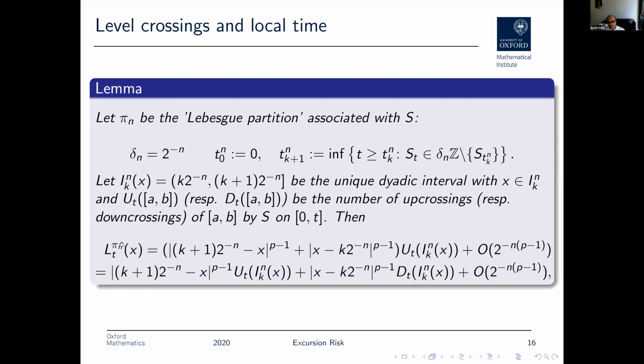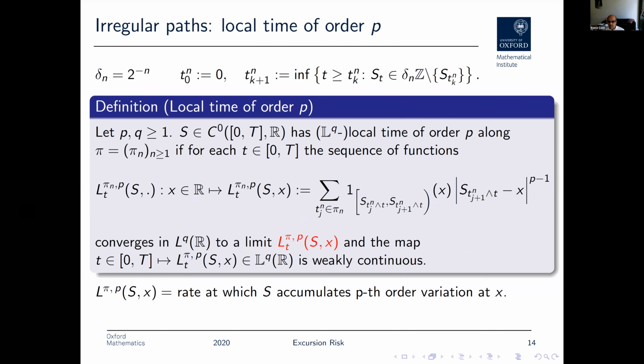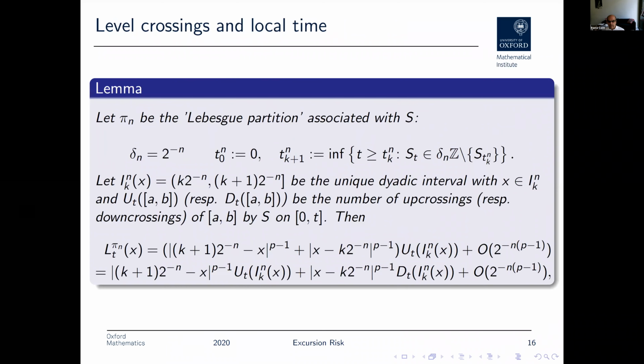Then the statement is that this discrete local time L pi n t that we defined has a relation with these up crossings and down crossings. L_t is some expression involving the level x times the number of up crossings, plus some other expression involving x times the down crossings, plus a correction which will go to 0 as 2 to the minus n, p minus 1.